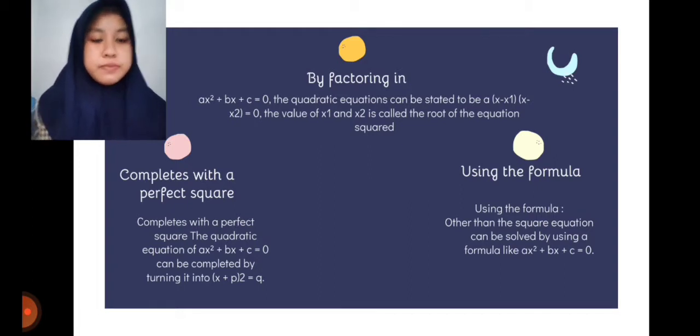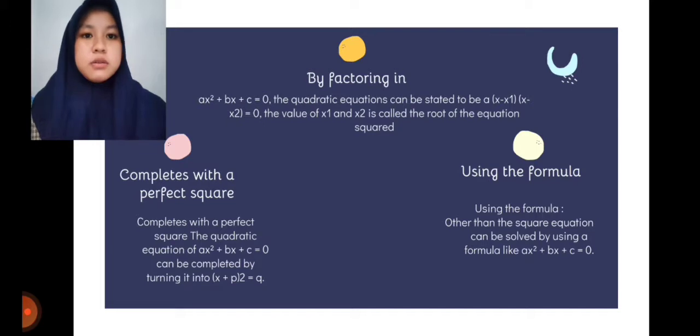Two, completing the perfect square: the quadratic equation ax squared plus bx plus c equals 0 can be completed by turning it into x plus p squared equals k.